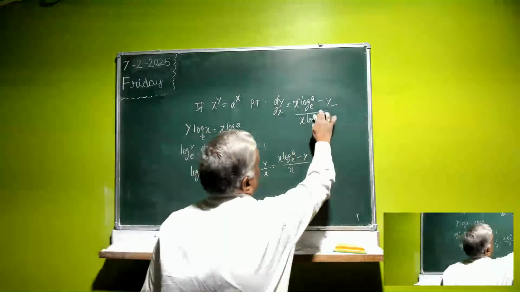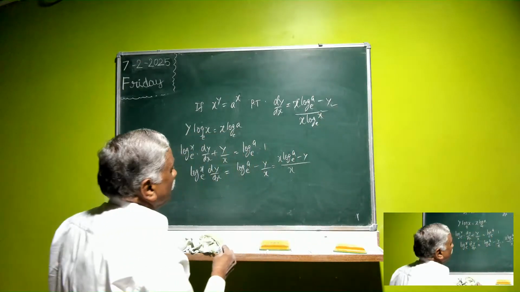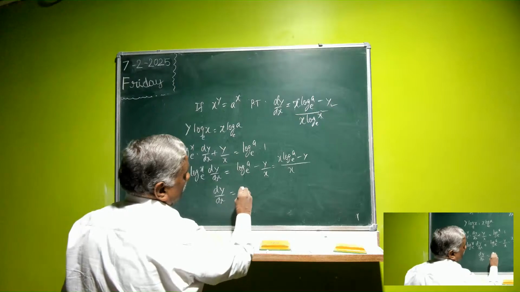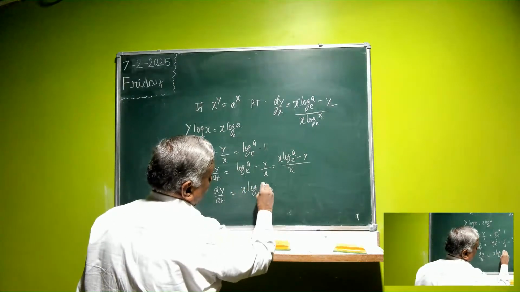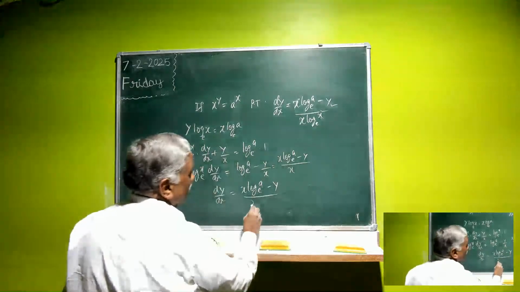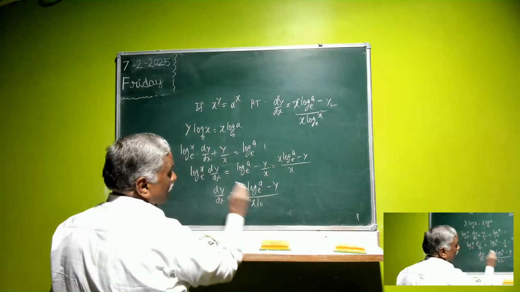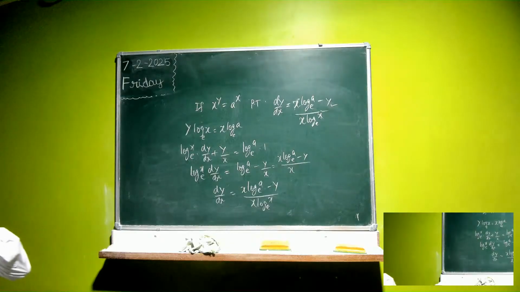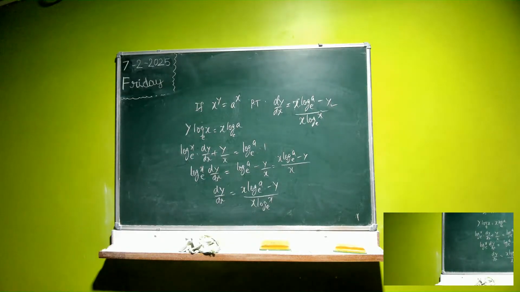Oh, this is not a, it is x. So dy by dx is equal to x log a to base e minus y. This will come to numerator, this will come to denominator. This is the actual problem.